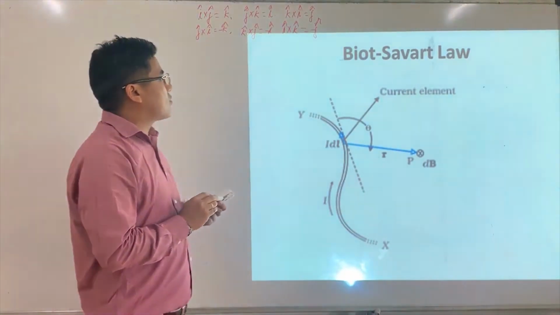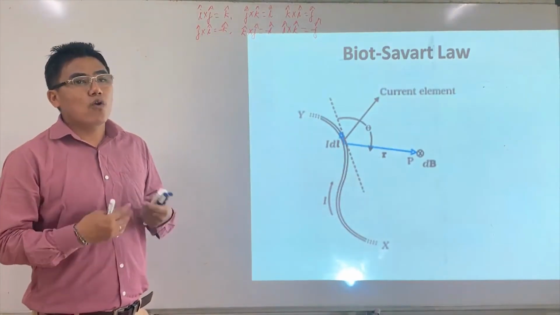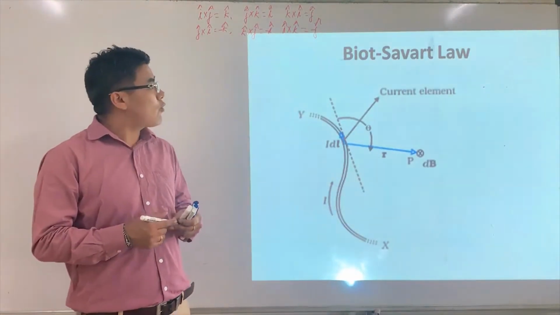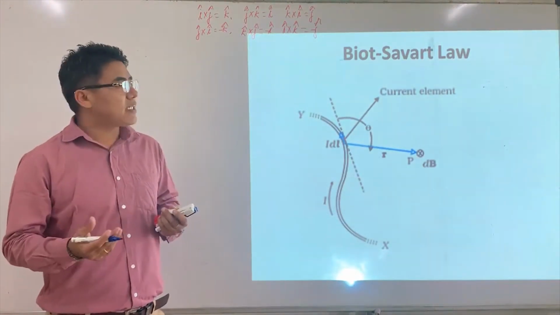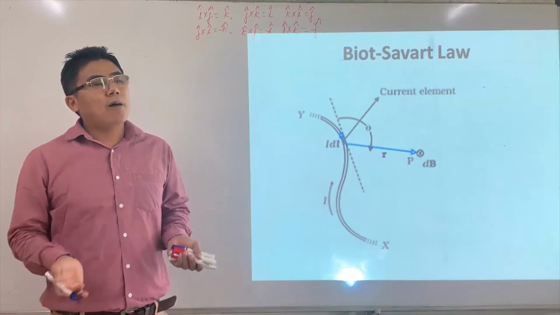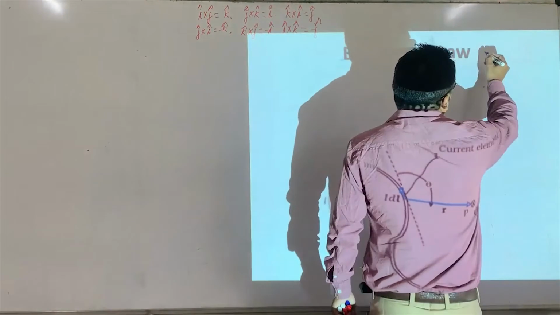First I'm going to give an example of Coulomb's law. When we do Coulomb's law, I have a discrete charged particle which produces an electric field.